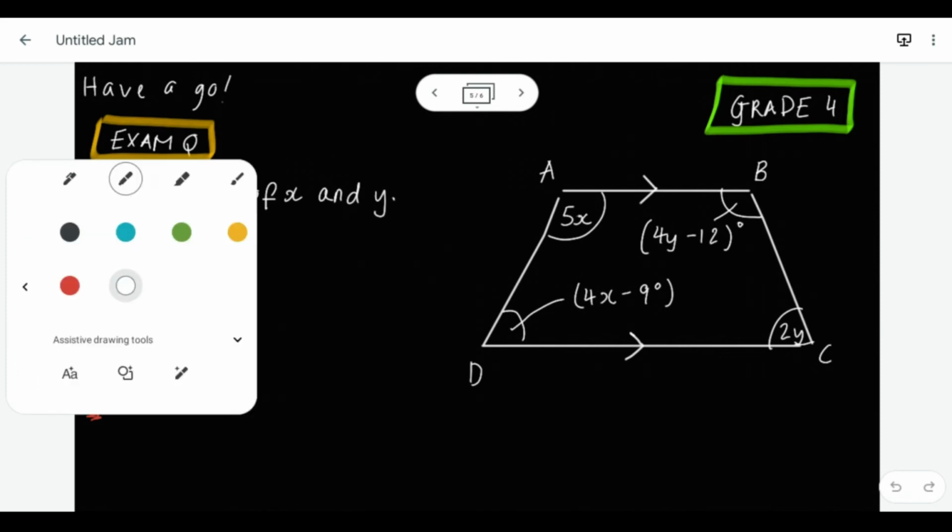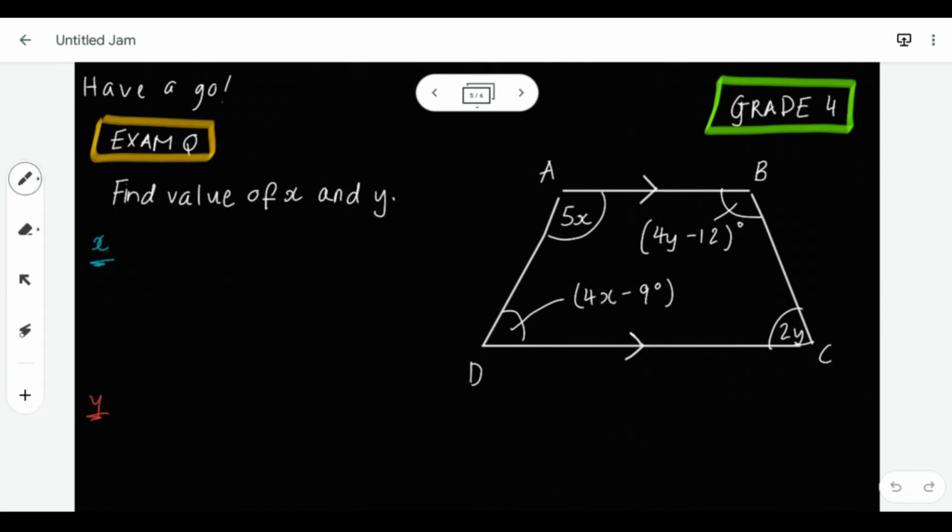Now, because these are co-interior angles, we know that 5x plus 4x minus 9 should give us 180. So we solve this to find x. Simplifying, that would make it 9x minus 9, which is 180.